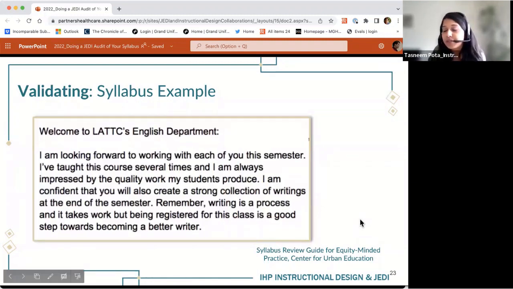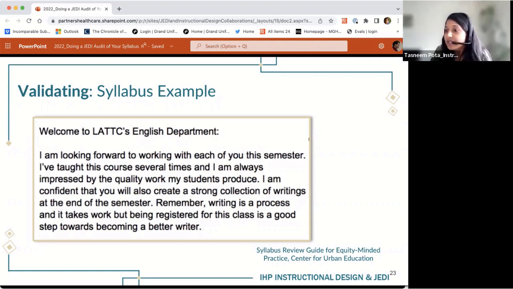So this is about validating students' ability to be successful, and that could be communicating a belief that all students are expected to succeed. But how do we do that? You articulate to the students, regardless of their intentions, that they are capable of obtaining the educational goals, offer different types of assignments, and offer forms of assessment that give students multiple ways to demonstrate their learning and strength.